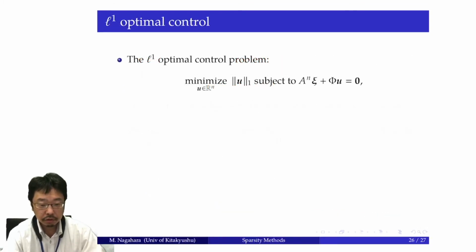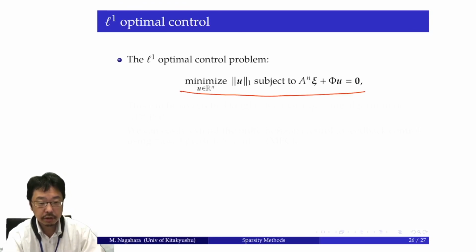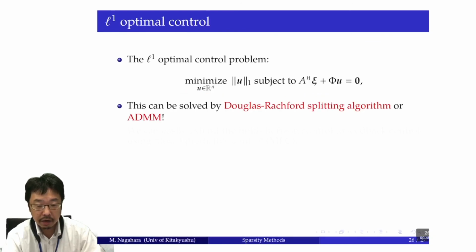The optimal control problem is described as this. This is exactly the same as the L1 optimization we studied before, so this can be solved by Douglas-Rachford splitting algorithm or ADMM. The control is finite horizon and hence feed-forward control.